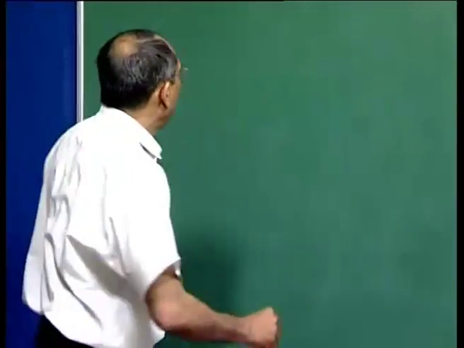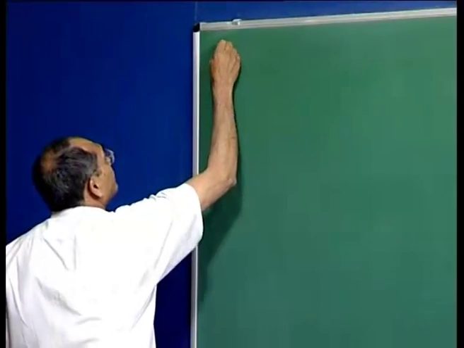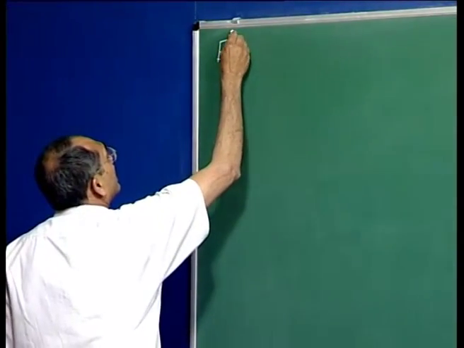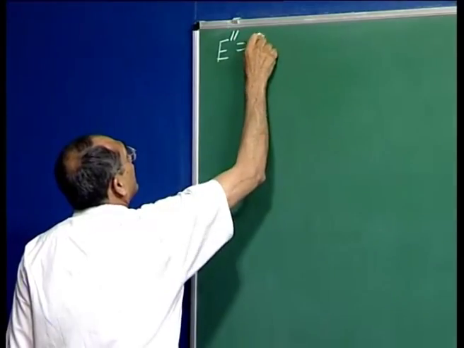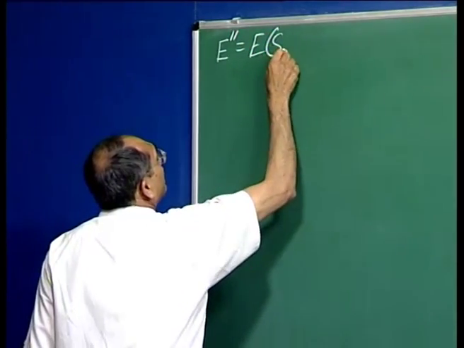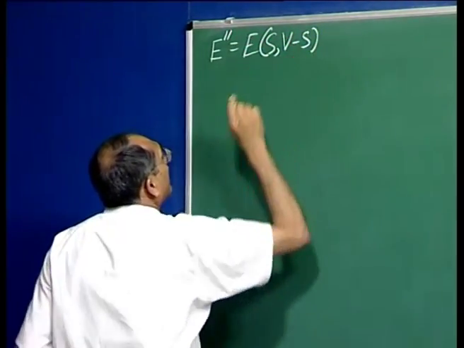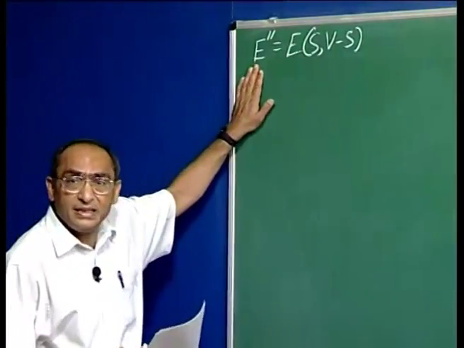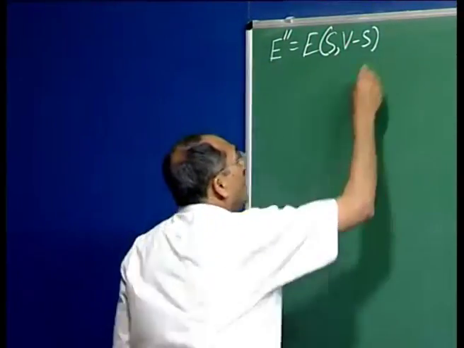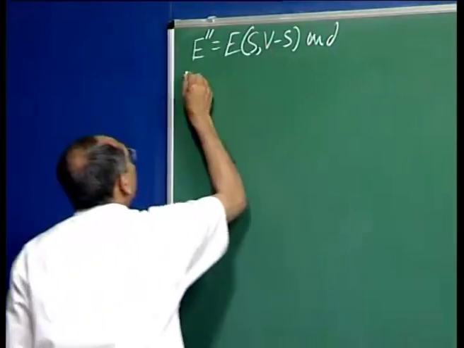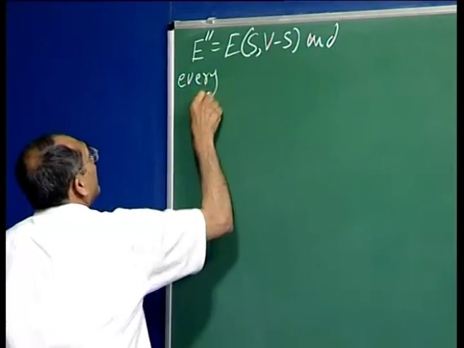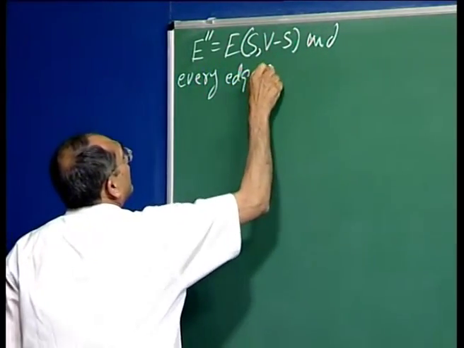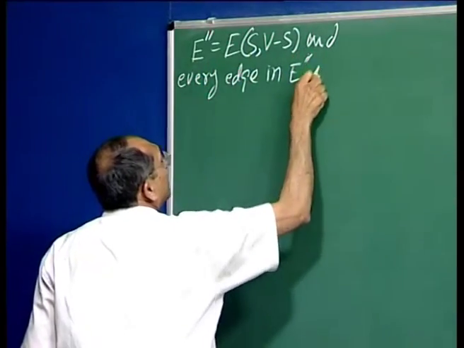So, now we will take the cut that we just figured out, and we know that its edge set is E double prime, and every edge in E double prime is saturated.